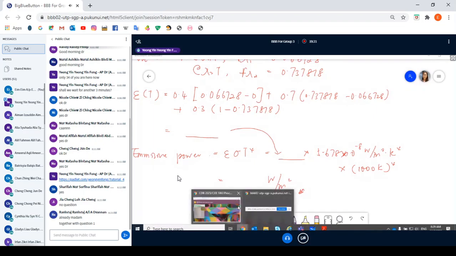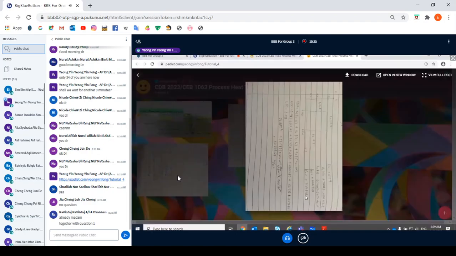I need to check any posting over here. Couldn't see. Not sure whether I can rotate this one. Okay, so correct, the answer is correct. You will get the average emissivity value of 0.58, or you can put a few decimal points. Then the emissive power is 32,608.67. Correct.